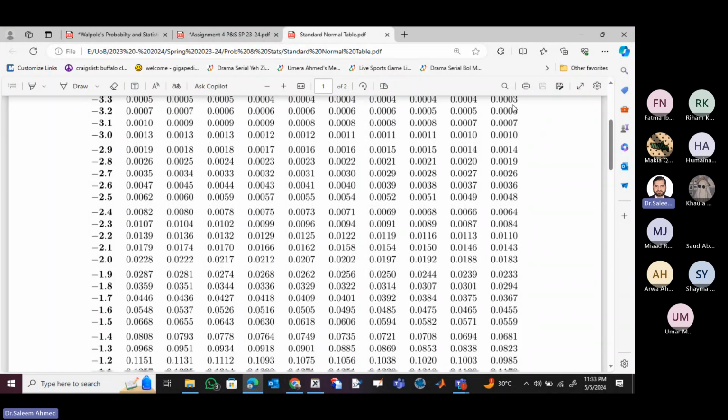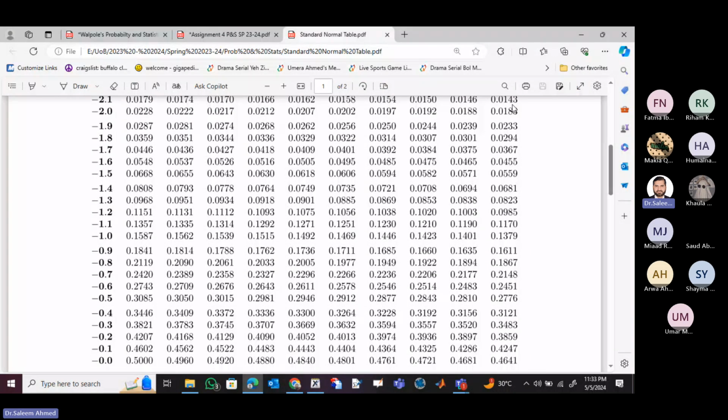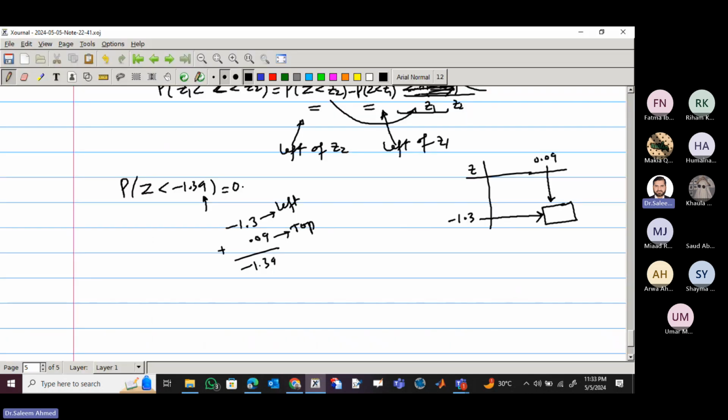So minus 1.3 and the last column, this one, gives 0.0823. So the answer from the table is 0.0823.